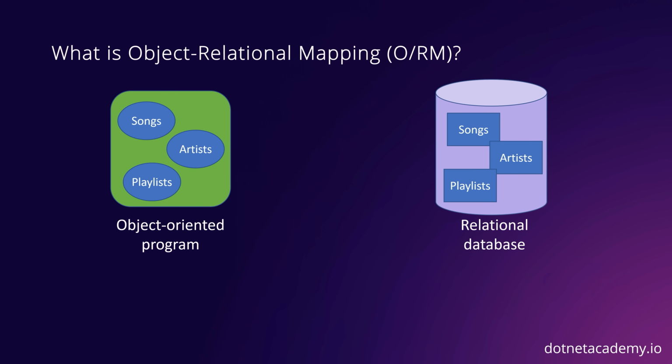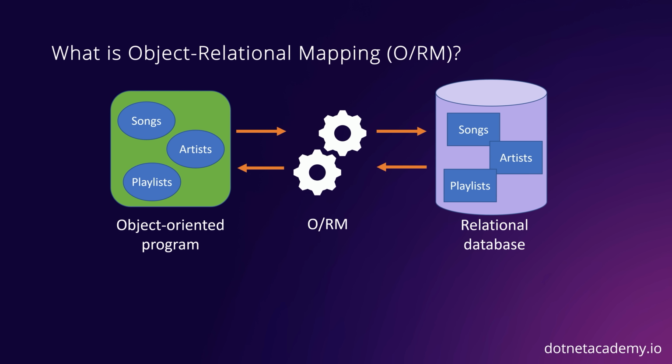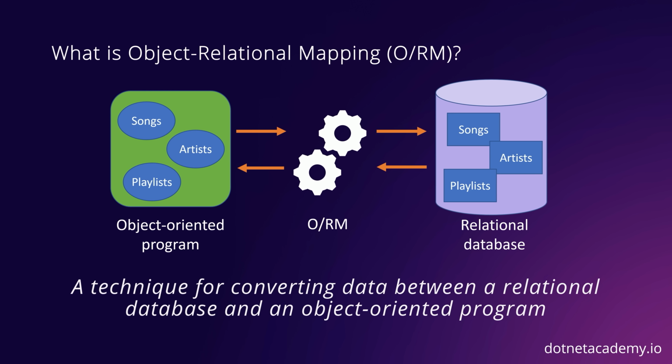Now, instead of having to write custom code to map these objects to tables each time you need to send or receive data to or from the database, you can set up a map between them so that your program can keep working with objects while another component, an object relational mapper, takes care of transforming objects to tables and vice versa. So, in essence, object relational mapping is a technique for converting data between a relational database and an object-oriented program. And as you can imagine, it brings many benefits to application developers.